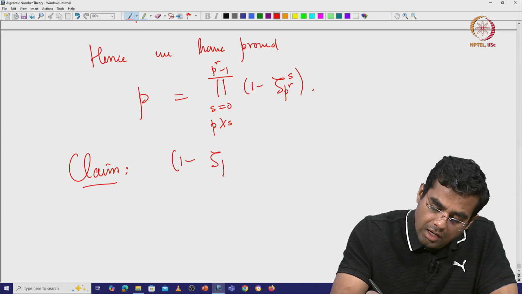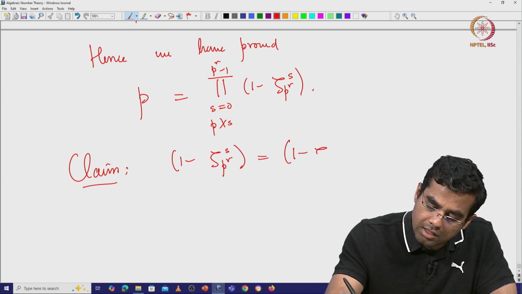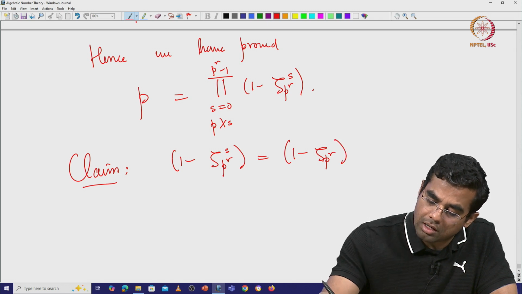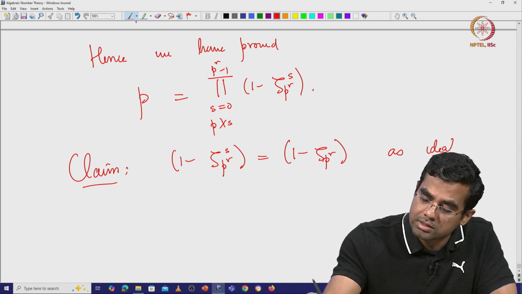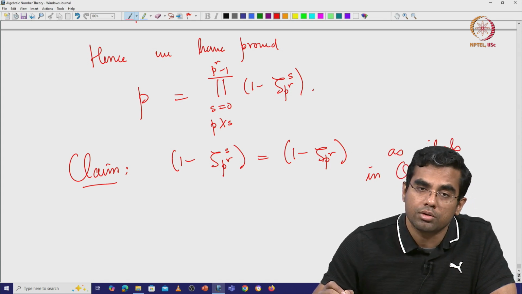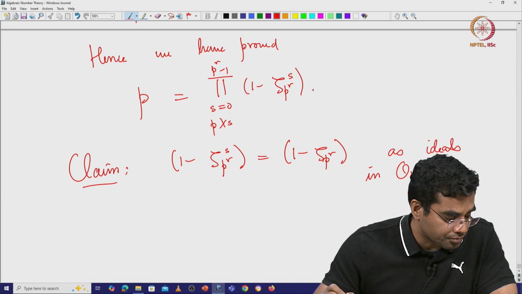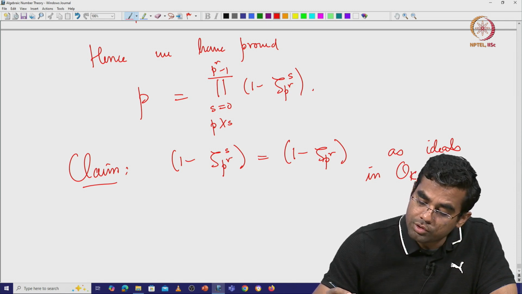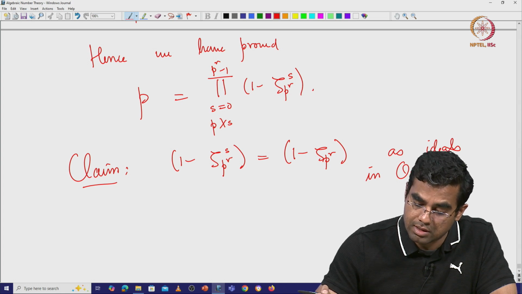One minus zeta_{p^r} to the s is equal to the ideal generated by 1 minus zeta_{p^r}, as ideals in O_{K_{p^r}}. I do not know what O_{K_{p^r}} is yet, but I want to show that these two ideals are the same.